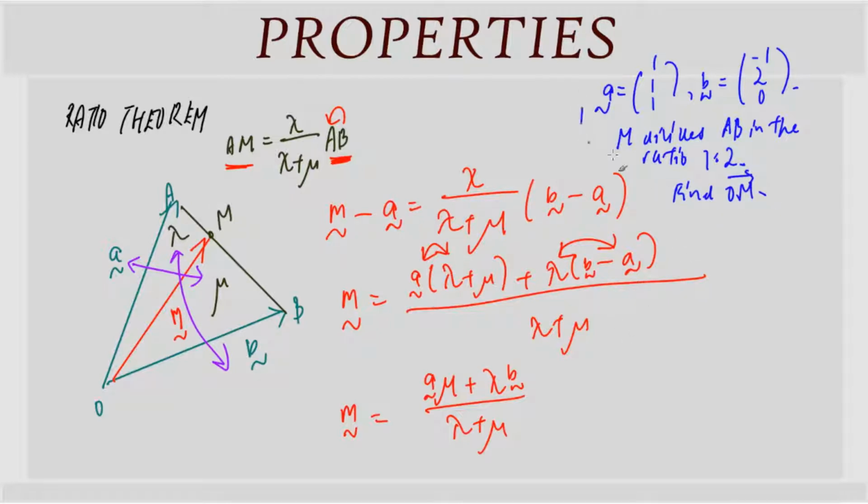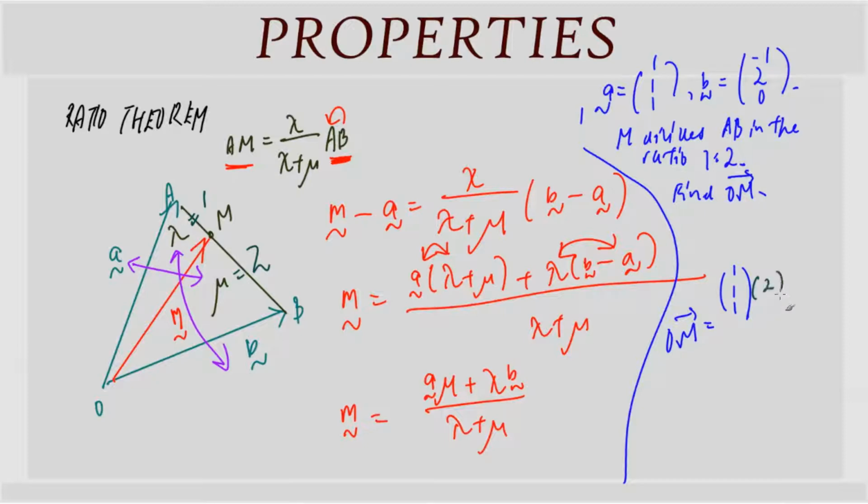Now, all we have to do is plug in the formula. So we have OM is equal to, now what's a times mu? A is equal to (1, 1, 1), and mu, in this case, since M divides AB in the ratio 1:2, lambda is equal to 1 and mu is equal to 2. So a is multiplied by 2.